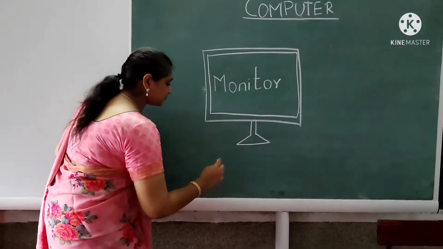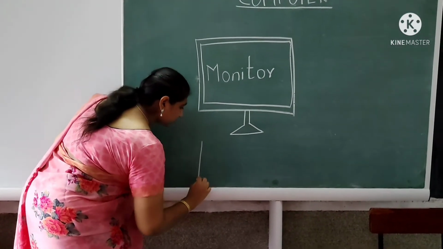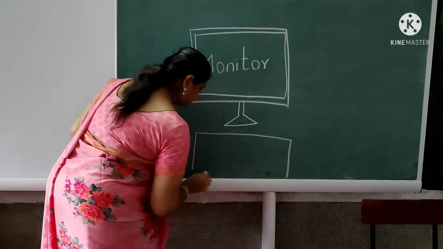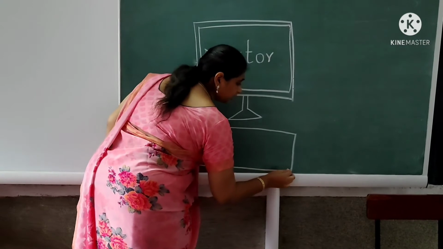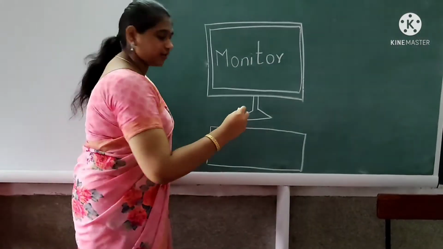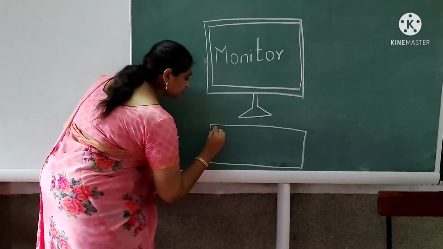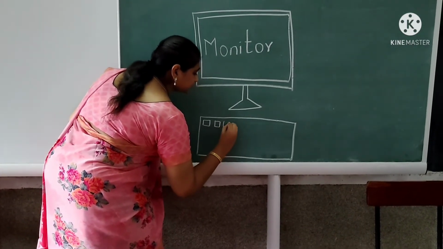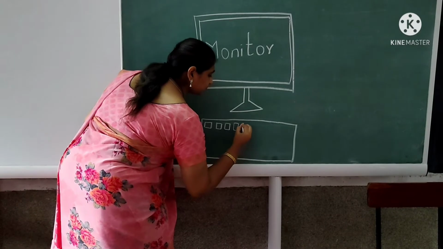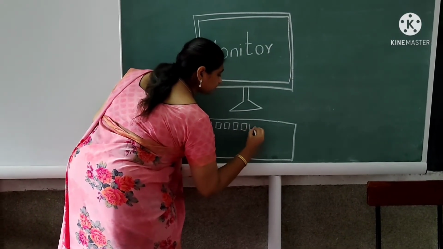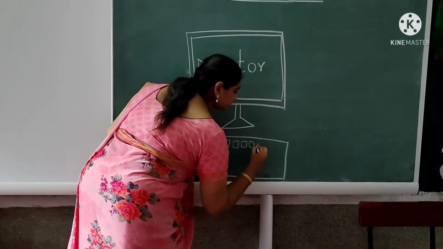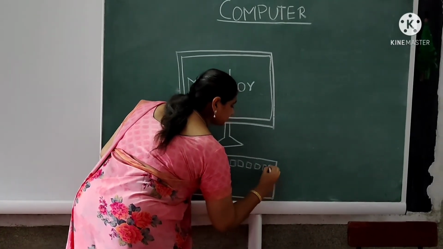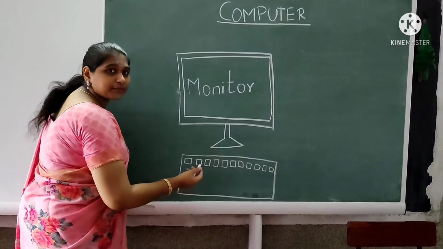Okay, children. Now we will see how a keyboard looks like. See this, children. Keyboard has many keys, children. They look in the shape of box. We have so many types of keys, children.